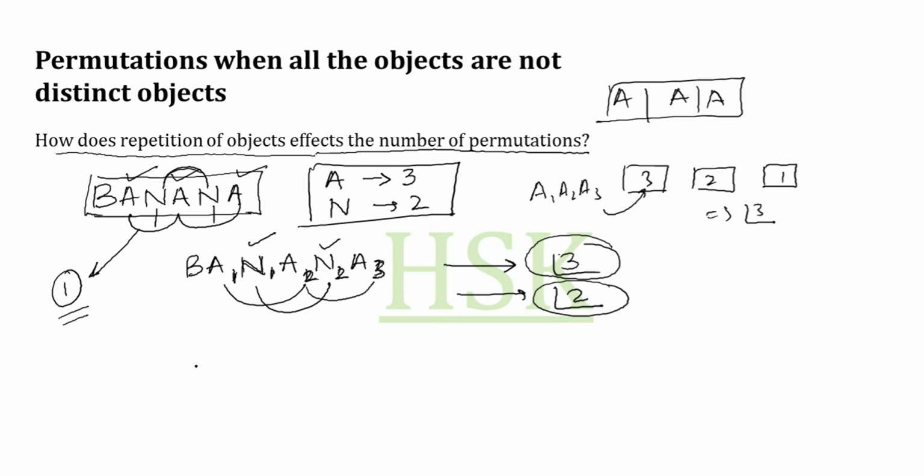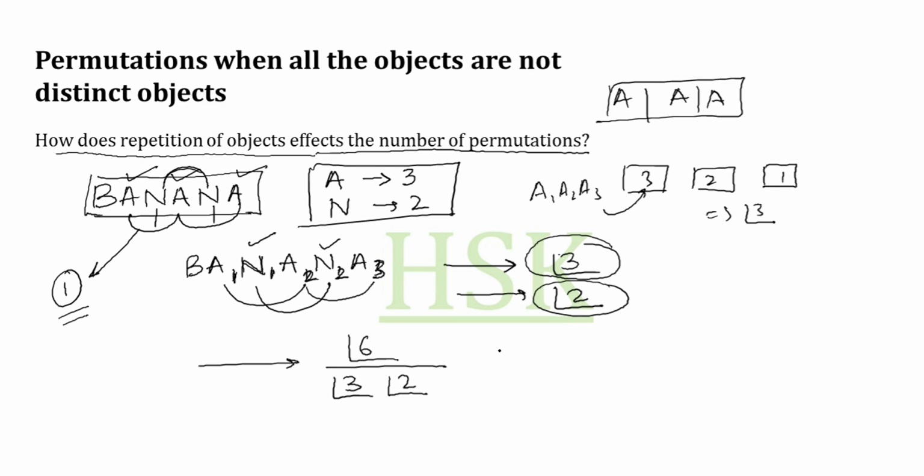Now the total number of arrangements is 6 factorial, and this is possible when all the letters are assumed to be distinct. On being similar, these 3 factorial arrangements become 1, so we divide by 3 factorial, and the 2 factorial arrangements are also treated as 1, so we divide by 2 factorial.